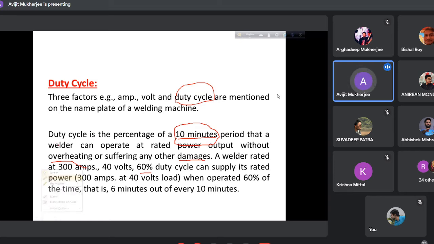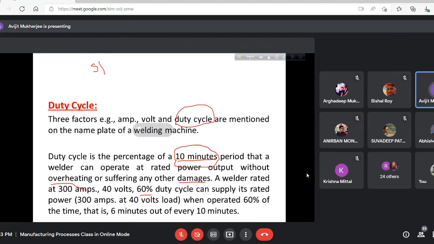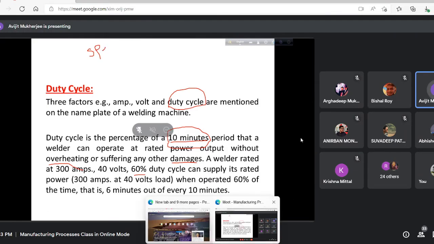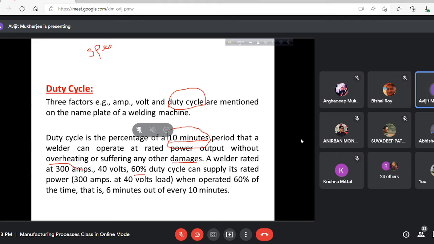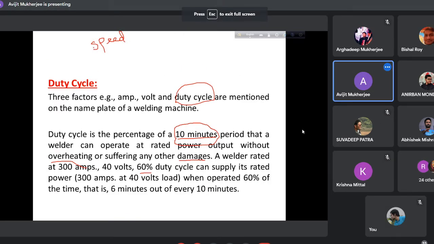Another factor is very important when arc welding is considered. Three factors are very important. First, speed of travel of the electrode. Second is voltage.